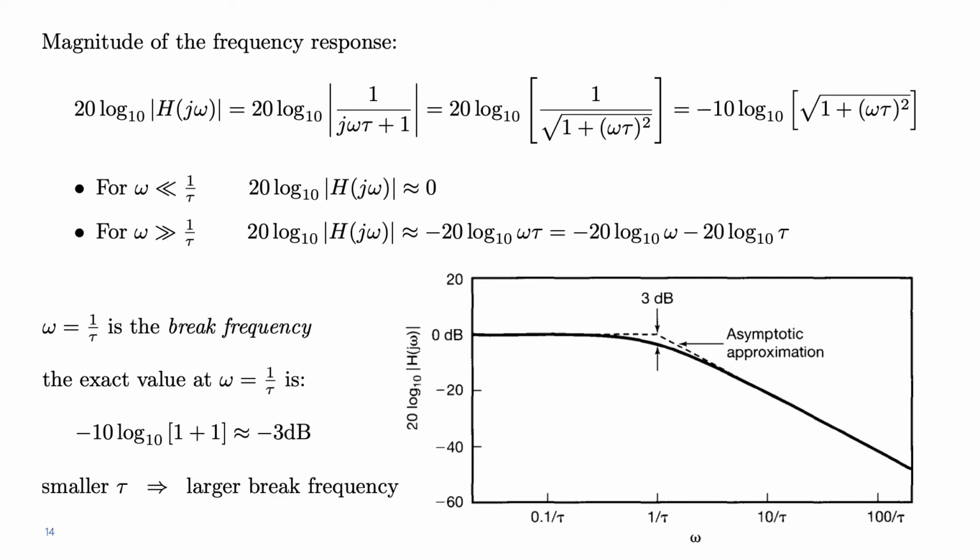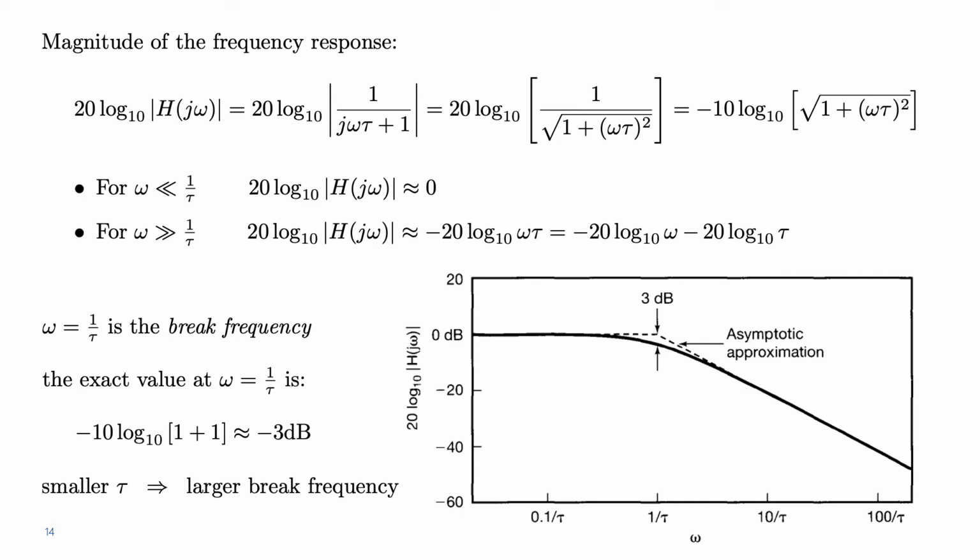And we will see that by replacing omega equal 1 over tau in the original formula, then we would obtain minus 10 log 10 of what? 1 plus 1. And we know that that corresponds to minus 3 dB. So the actual value for omega equal 1 over tau is not 0, as our asymptotic approximation says, but it's actually minus 3 dB.